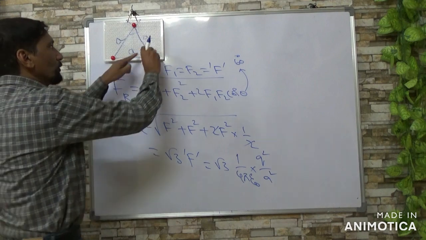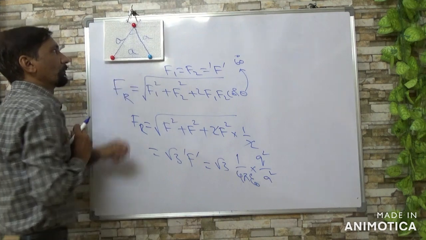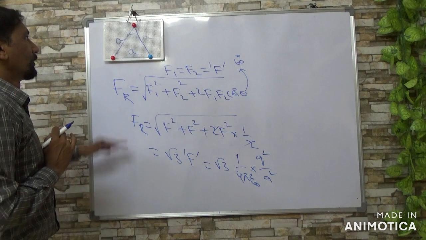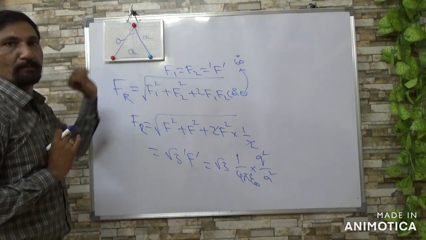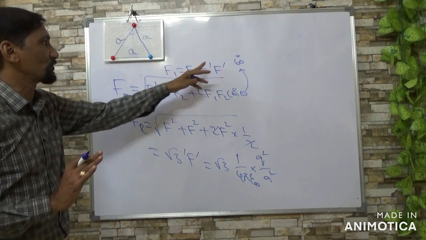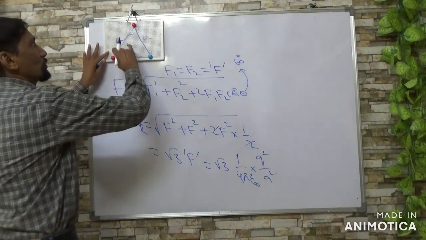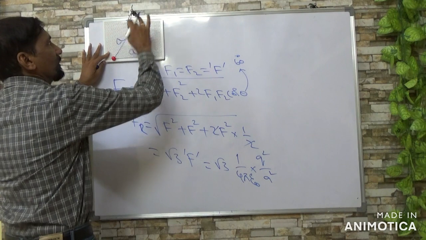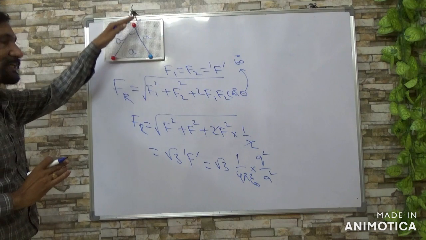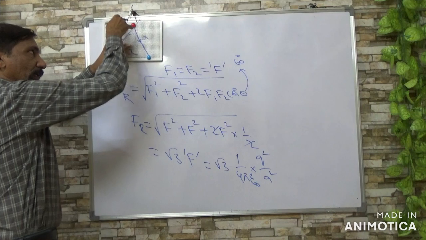Suppose instead of positive you take one negative. Now you want to know the resultant force. The charge is the same and the distance is also the same, so the magnitude of the force remains the same, but the direction changes because these two are like charges, so the direction of force is outwards, but these are unlike charges, so the direction of force is inwards.